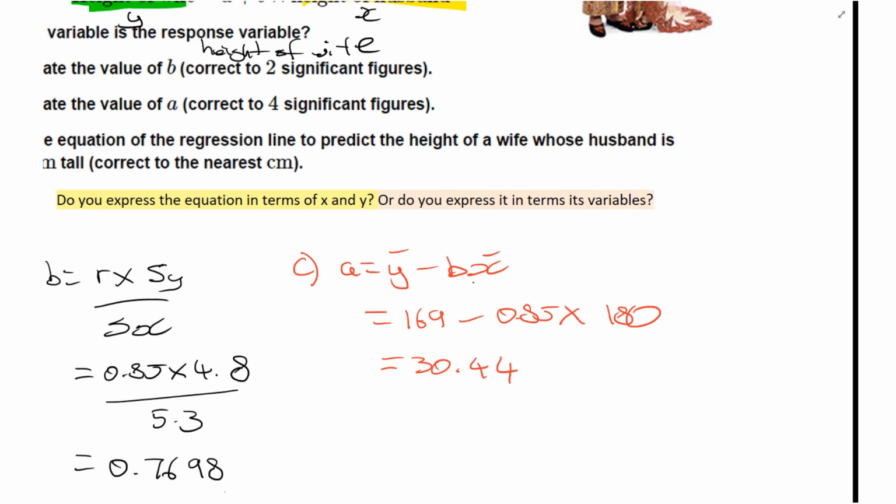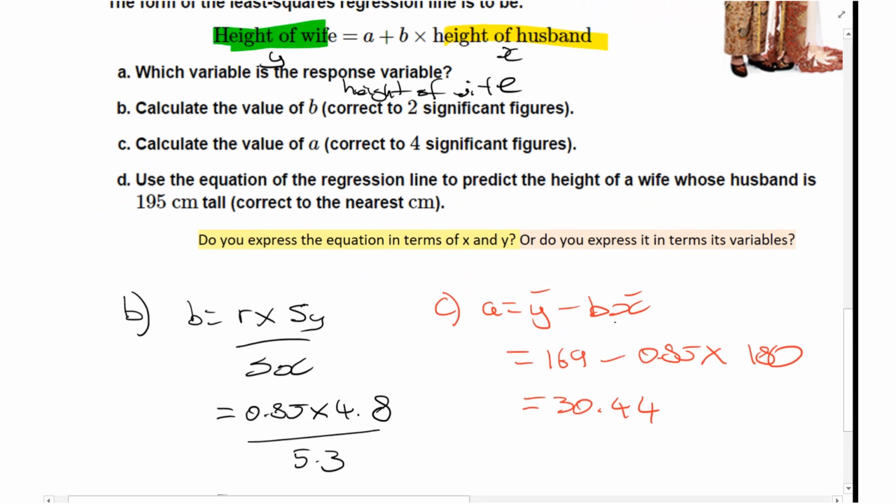Now, this is what we've got to do to express what it's asking for here. We're sort of skipping one point, which we're going to talk about first: how would we express the equation in terms of x and y, or in terms of variables.